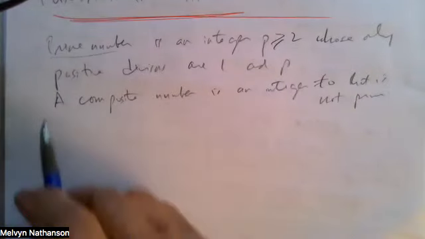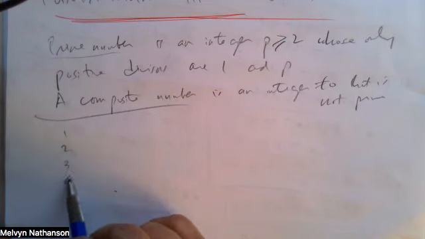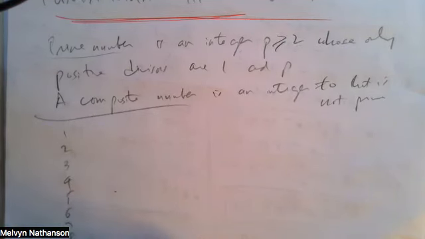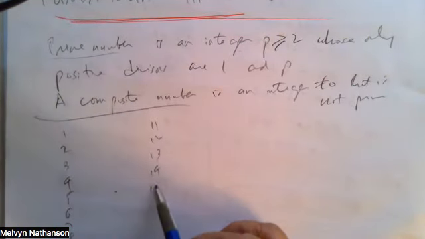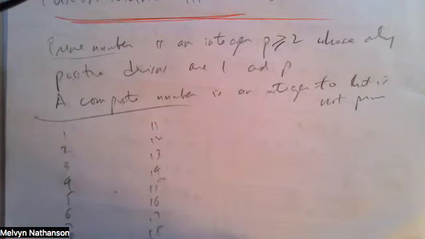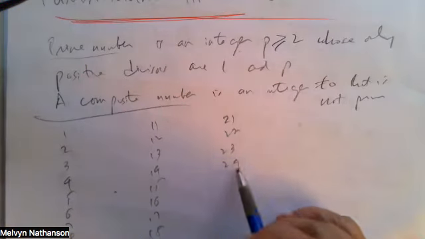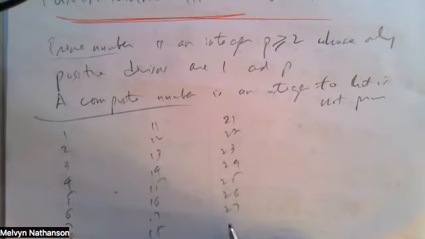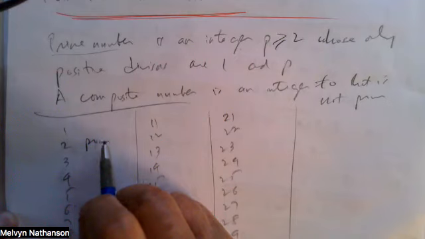So if you start to make a table of the numbers, 1, 2, 3, 4, 5, 6, 7, 8, 9, 10, and so on up to 30. What can we say about these numbers? 2 is a prime.